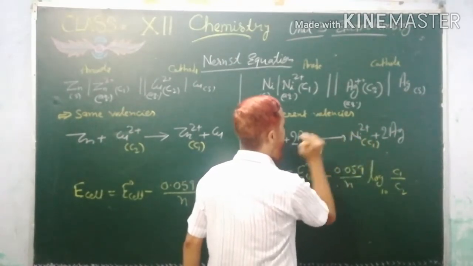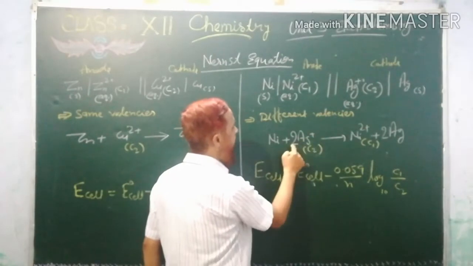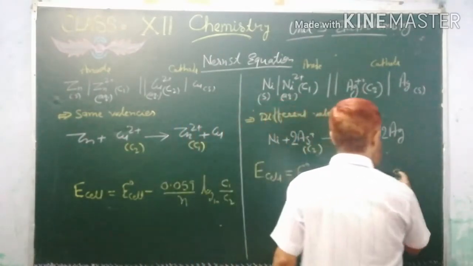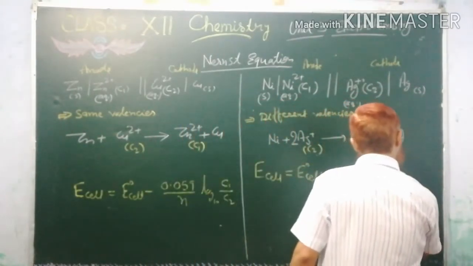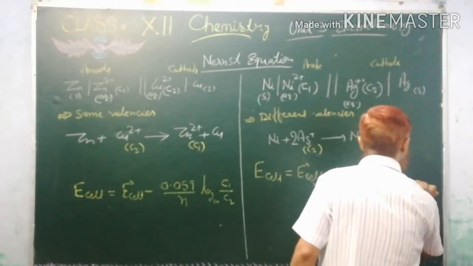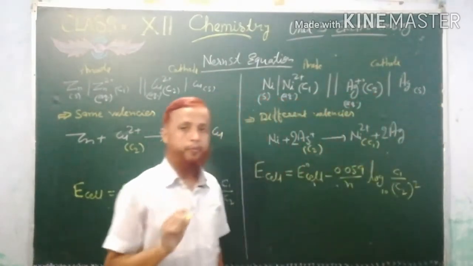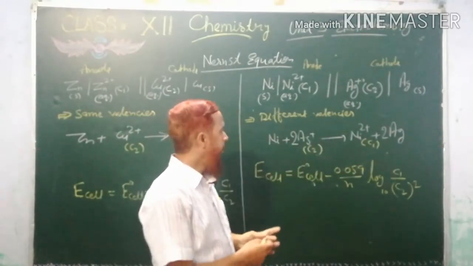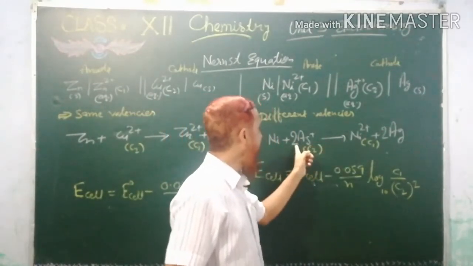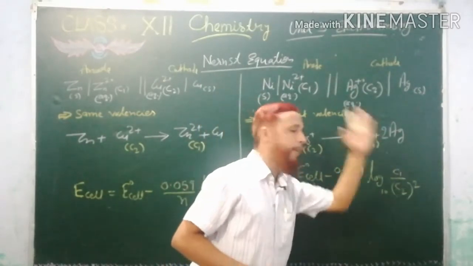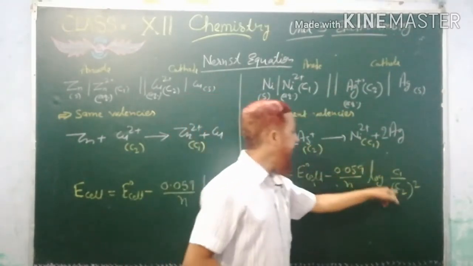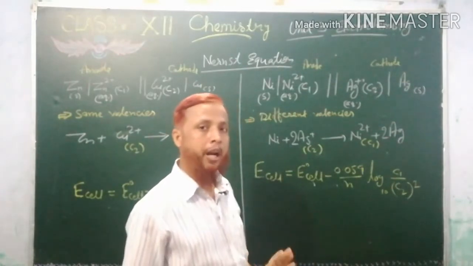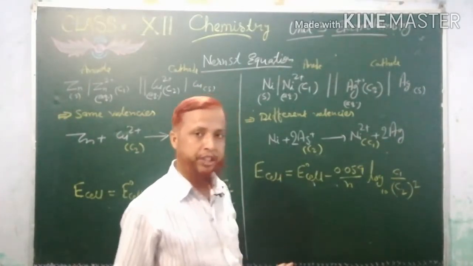Here we consider 1. And Ag plus is 2. So what will we write? C1 will be 1 but C2 will be squared. This is the only important point here. When the valencies are different, then in the balanced equation, the stoichiometry will be the power of the concentration given. C1 and C2 are the concentrations of the ions. I hope it is clear now.